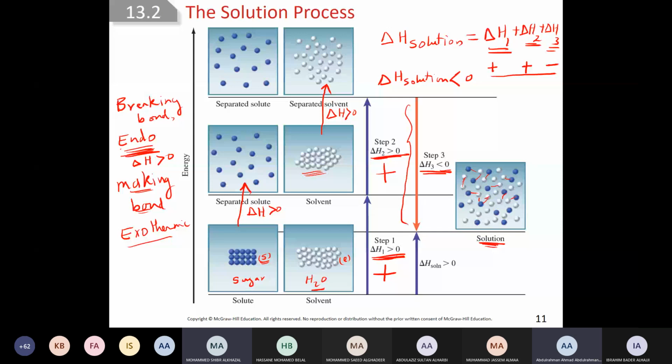It will be negative, totally negative. Good, this is always the case. Now keep this in mind: when are we going to have delta H solution less than zero?